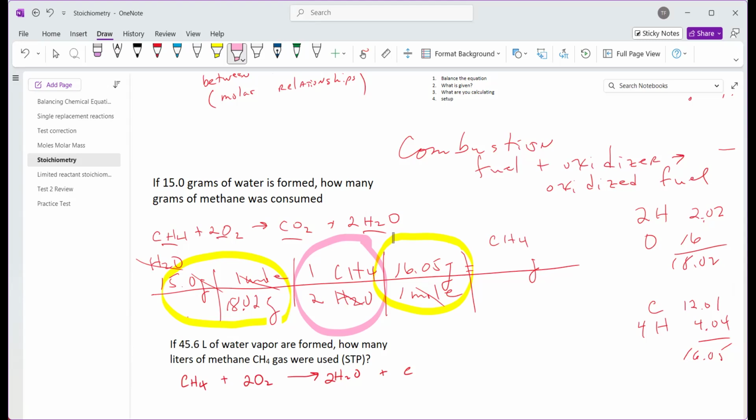My battery is low. So let me redo it. Okay. 3 sig figs.